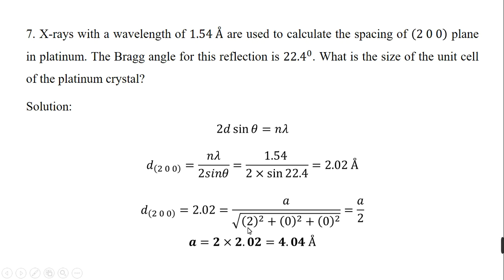As this is the 200 plane, I have substituted 2 square, 0 square and 0 square, and the d value is already known, so you put the d value here. So a is equal to, cross multiply these two. After doing the calculation you will get d equal to a by 2. So in order to calculate a, 2 into 2.02 will be the size of the unit cell of the platinum crystal.